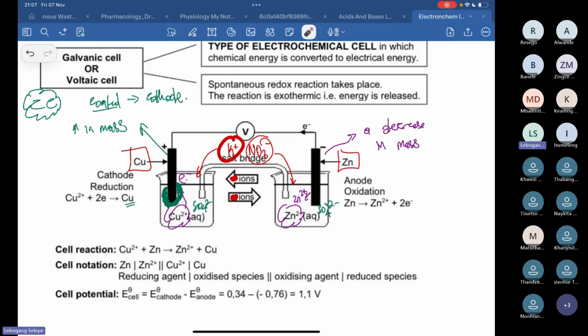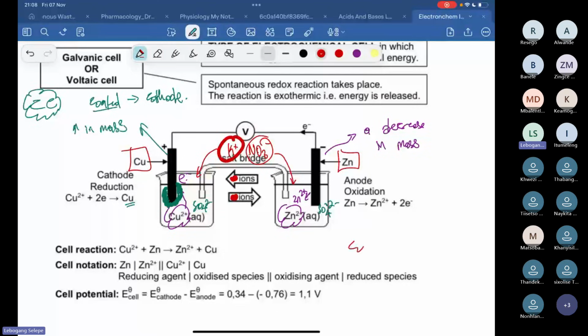In an exam, they might tell you that the salt bridge is potassium nitrate. Then they would ask you, as the cell operates, are the potassium ions drawn towards A or B, if they name this one A and this one B? Or maybe ask you, are the NO3- ions drawn towards B or A? If they don't mention what the salt bridge is, they would use the words cation and anion.